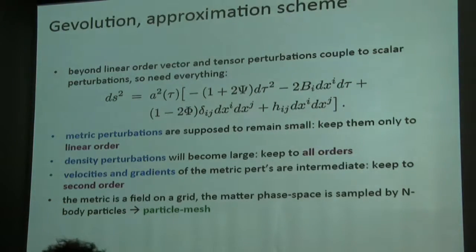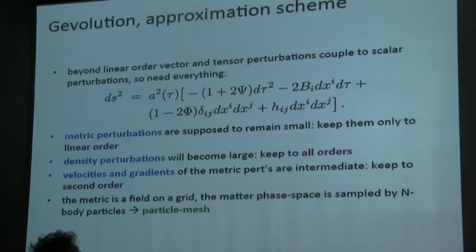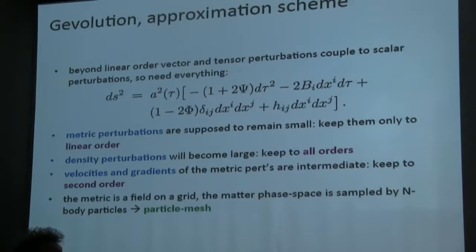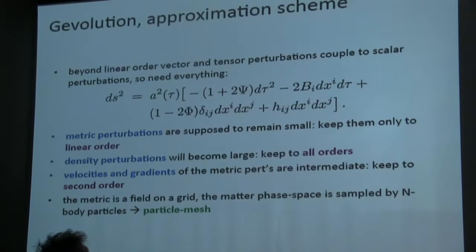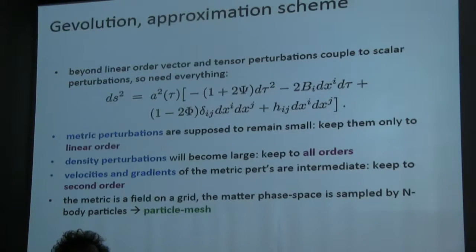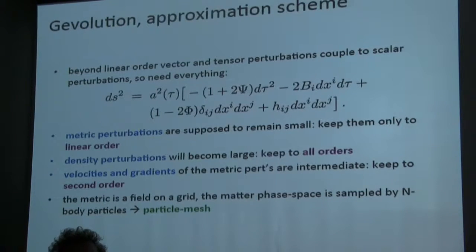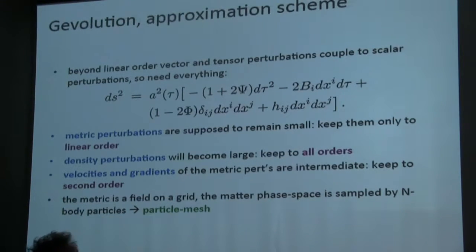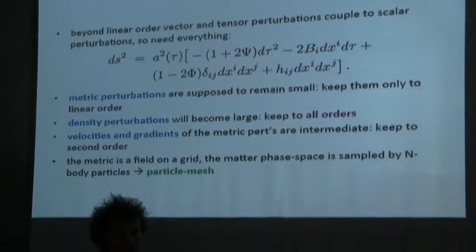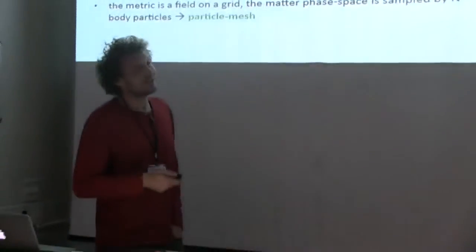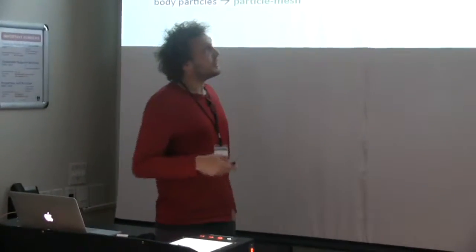If you look at the approximation schemes that we are using in that code, we start with a very standard metric, and what we do is a very hybrid approximation. First, we use a perturbative metric. We think that metric perturbations remain small at all scales, so we can keep them at linear order. Density perturbations will not remain small, we know that, so we keep them at all orders.